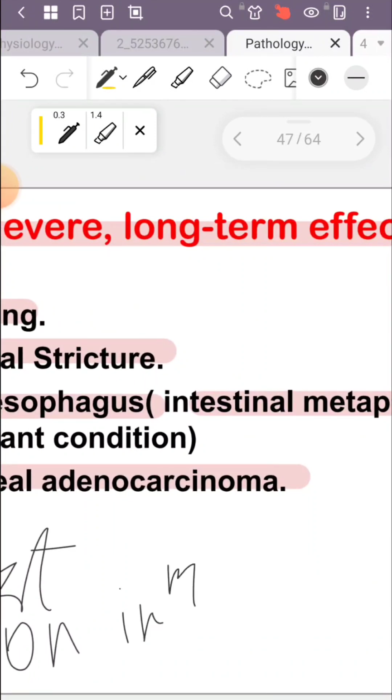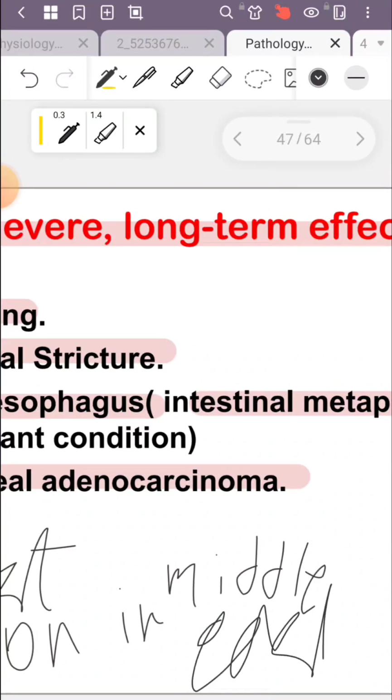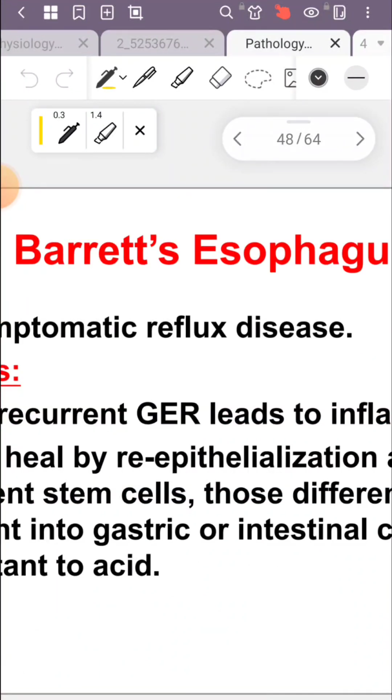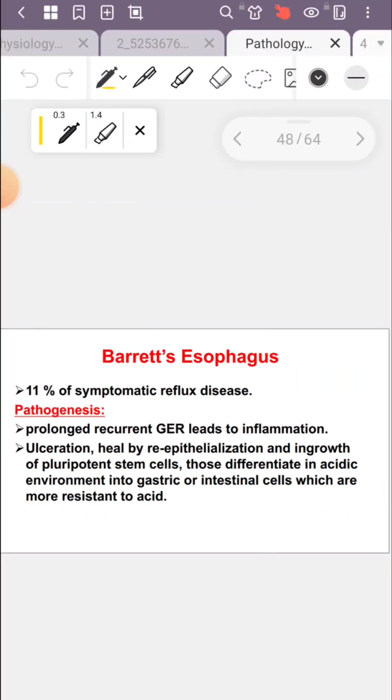زين. 100% of symptomatic reflux disease can complicate to Barrett esophagitis. Prolonged recurrent gastroesophageal reflux leads to inflammation, ulceration, healing by re-epithelialization and ingrowth of pluripotent stem cells. هاي stem cells اللي بالbasal layer تقوم تطلع مو squamous، تطلع cells that are more resistant to chronic irritation by gastric acid.